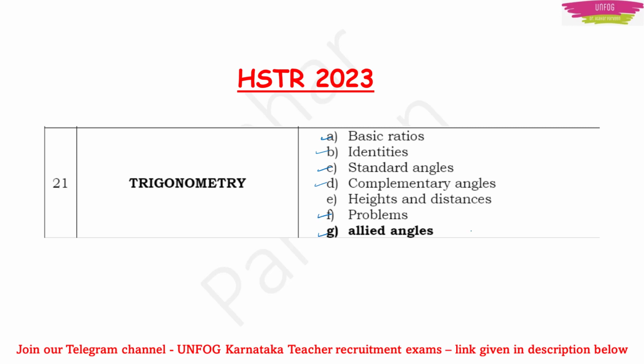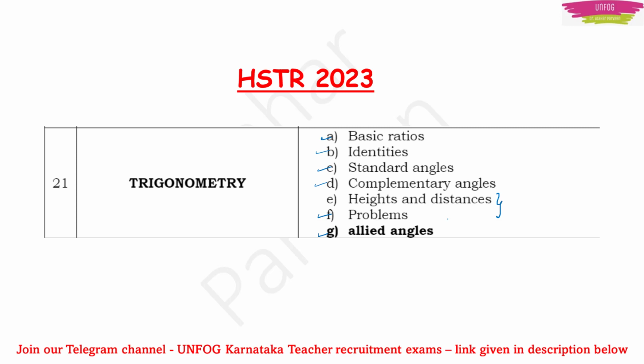Now in this class I will discuss only heights and distances and problems based on that, even from the teacher recruitment examinations perspective, and more focus will be given to the HSTR 2023 examination based on the HSTR 2015 syllabus and also the question paper.